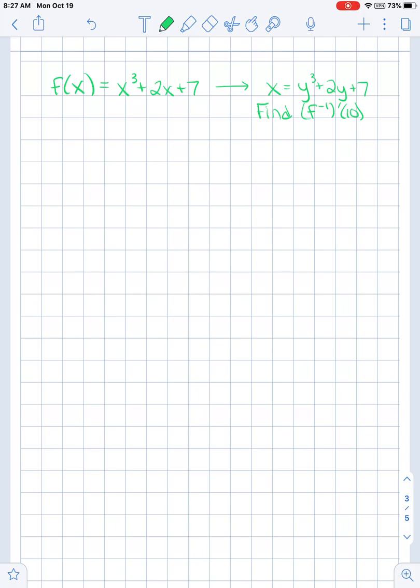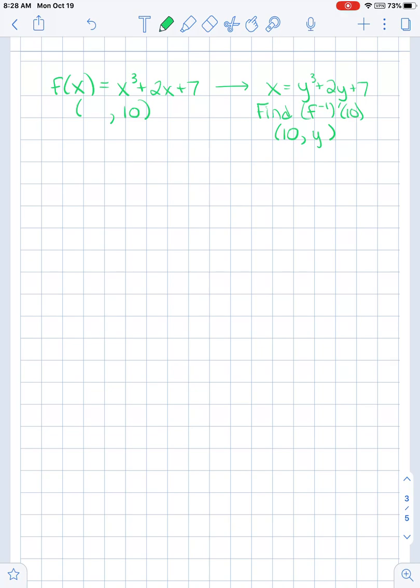But we do know the relationship between the derivative of a function and the derivative of the inverse. In this problem, we know that 10 is the x-coordinate of the inverse. We don't know what y is, but that's okay, because in the original function, the y value is 10.